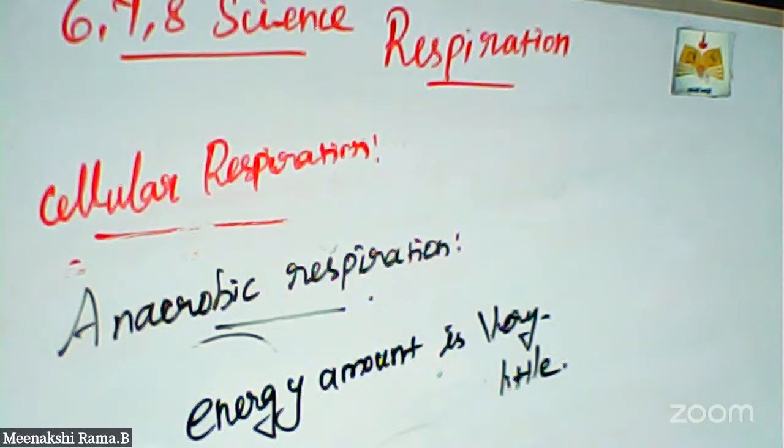Aerobic means glucose is completely oxidized with the help of oxygen to release CO2, water, and a large amount of energy. In the anaerobic process, there is partial oxidation of food, so the energy amount is very little because the oxidation is not completely done. Byproducts are ethyl alcohol, carbon dioxide, and so on.